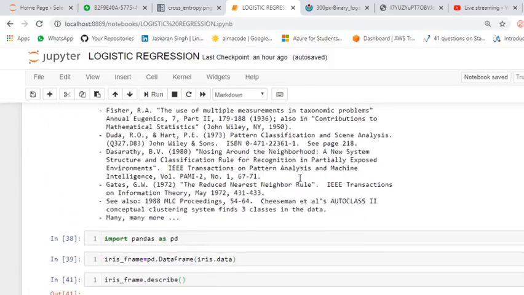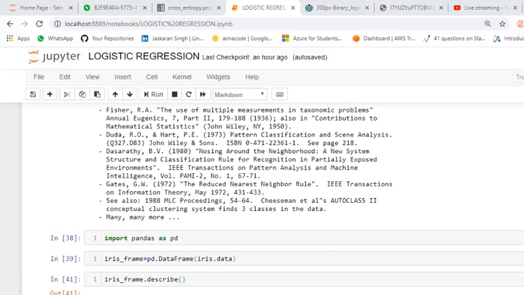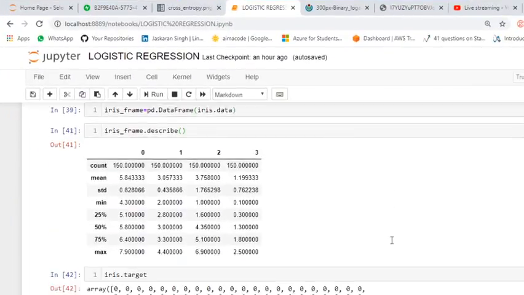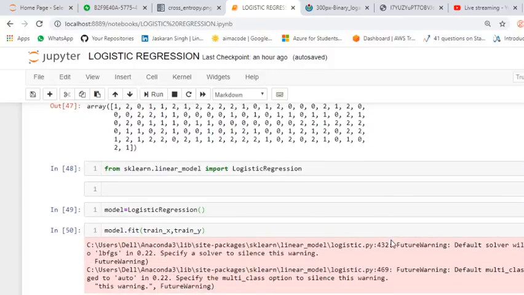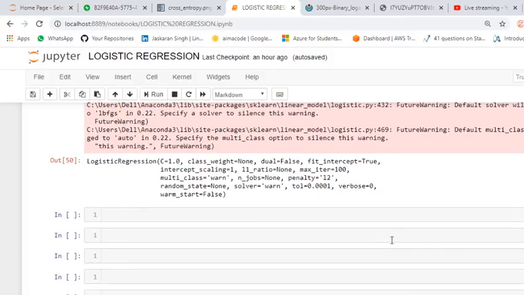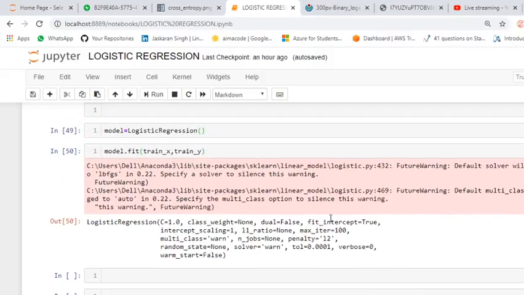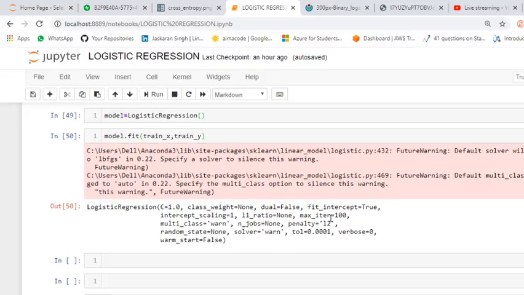Okay, so we have the model trained here, and we need to test how it works.